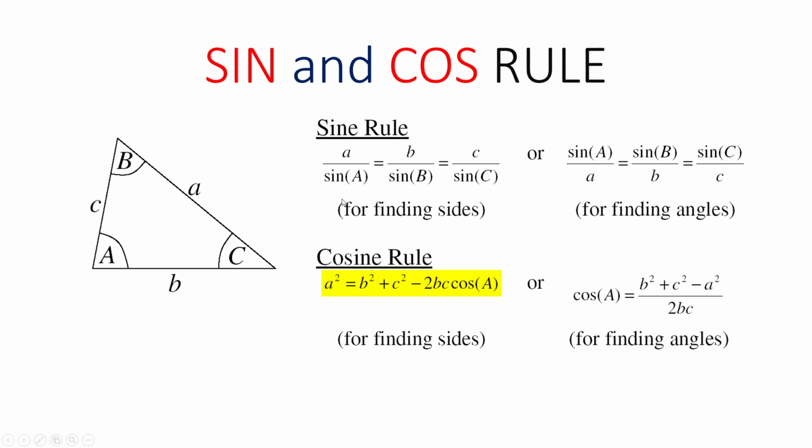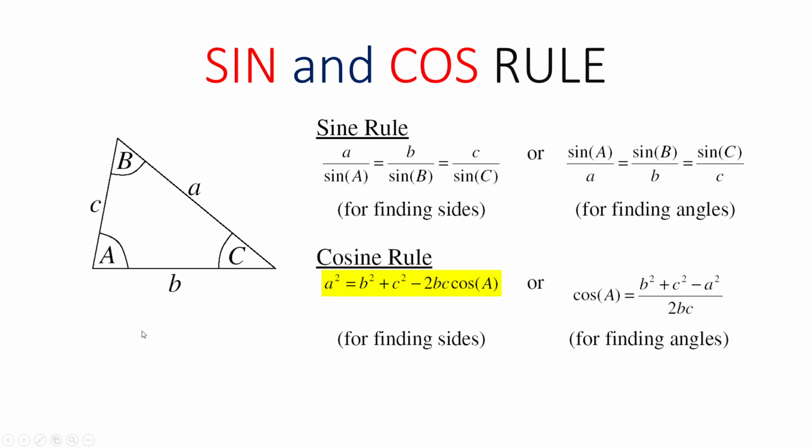Now when to use the sine rule and when to use the cosine rule? You use the sine rule when you have two sides and one angle, or two angles and one side. You use the cosine rule when you have two sides and an angle, and that's the only case when you can use the cosine rule.